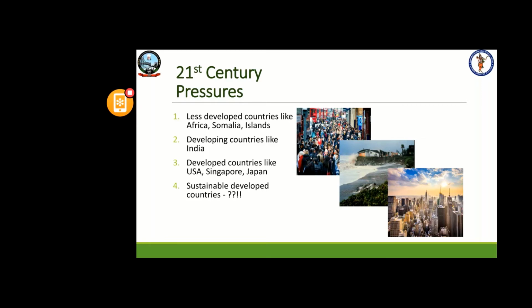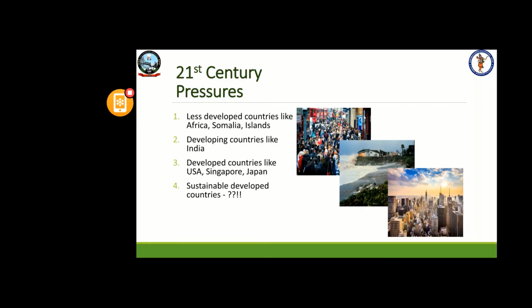You have the less developed countries like Somalia and island nations, the developing countries like India, and the developed countries like USA, Singapore, Japan, etc. So this is the classification of various countries across the globe. Whether developed, developing or less developed is based on GDP, living conditions, etc.